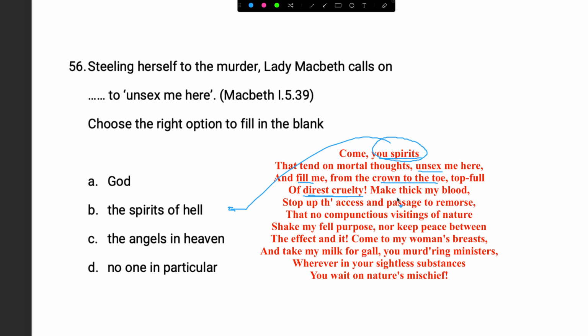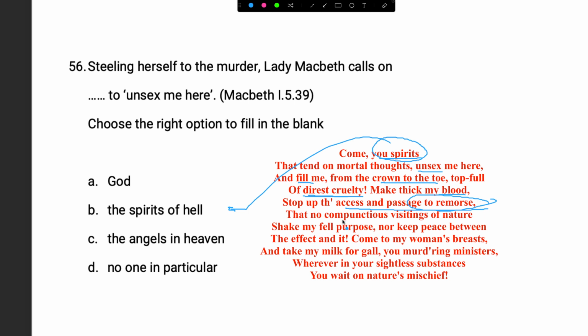Moreover, she wants to make thick her blood. Her blood, the sensibilities, the emotions should not hinder. "Stop up the access and passage to remorse." Remorse means the feminine sentiments like pity, sympathy, empathy. They should not touch her at the time she commits that murder.